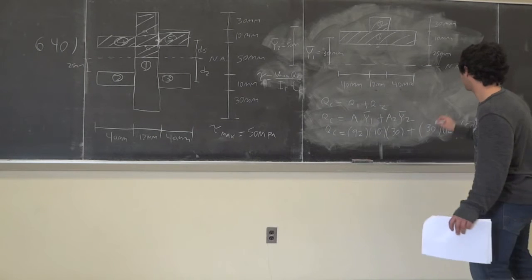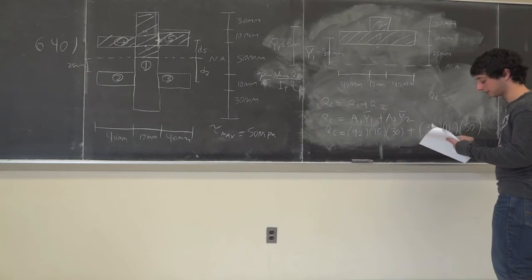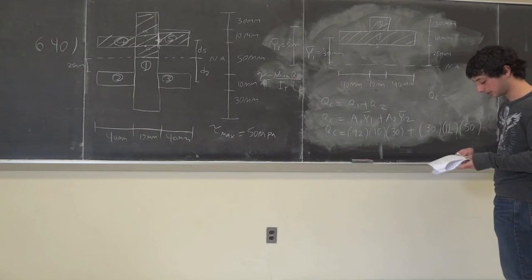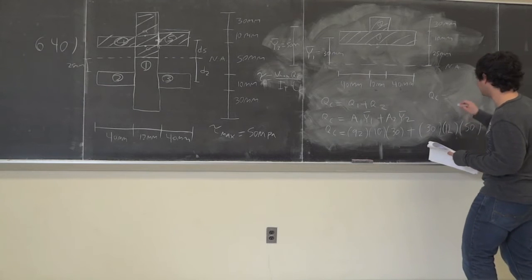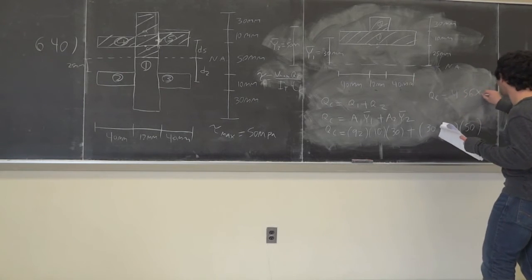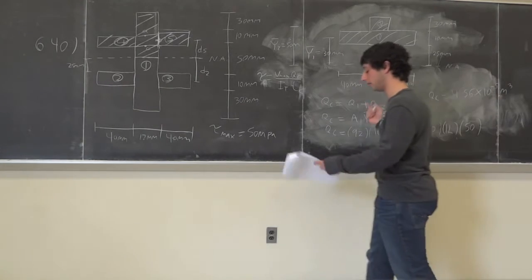So QC is equal to, I'll just give it to you again. This is in millimeters, but I'm going to convert it right into meters. QC is 4.56 times 10 to the negative 5th meters cubed. So we found QC, and we know tC is just 12.